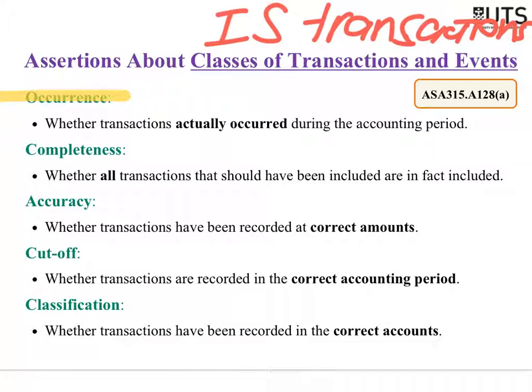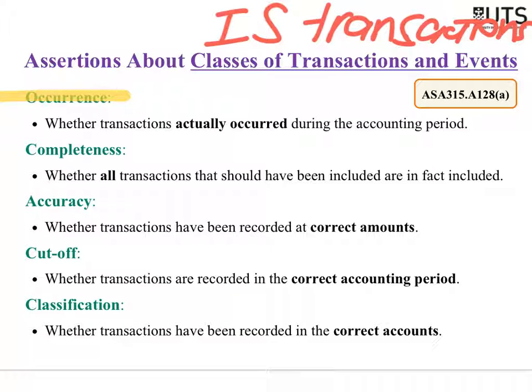One of the ways that management or salespeople can overstate their revenue is by including what we call fictitious sales. Fictitious sales are fake sales. Fake sales go against the occurrence assertion. So what do we check? Did the sale really occur? Was it real? Was it made to a real customer?